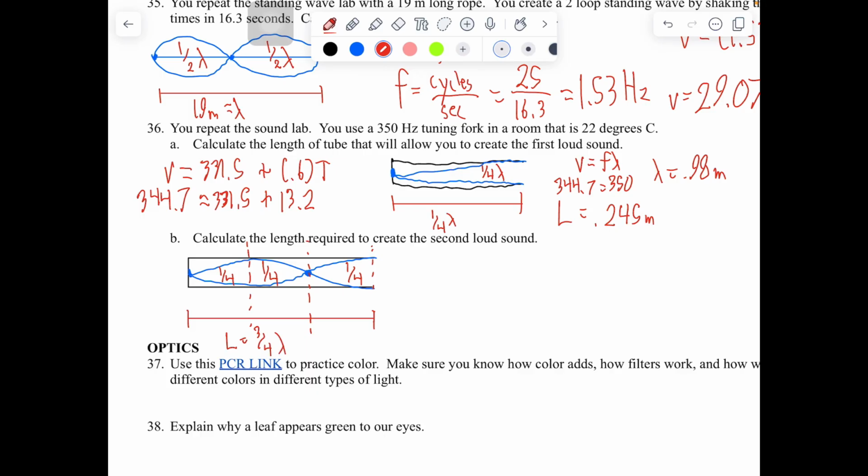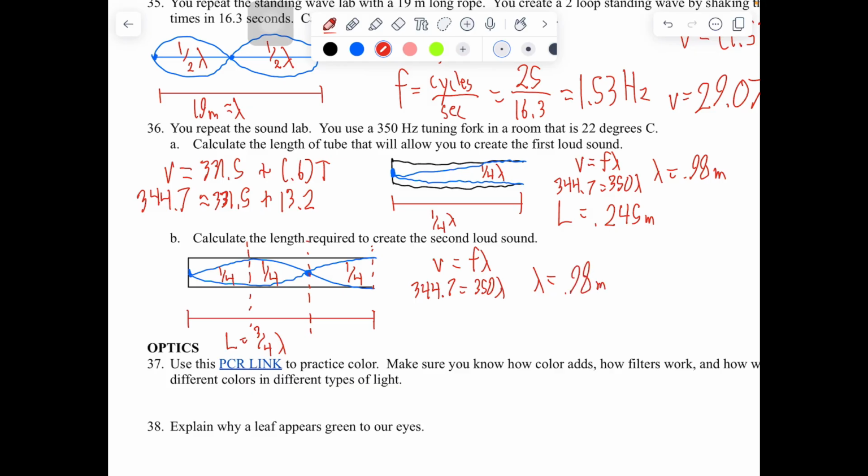Now, we know the velocity, we know the frequency, solve for the wavelength, same thing we just did, 344.7 equals 350 times wavelength. We know the wavelength is 0.98 meters.